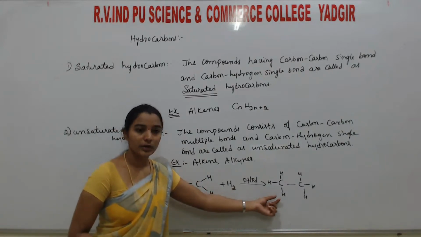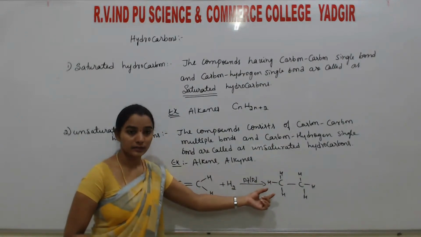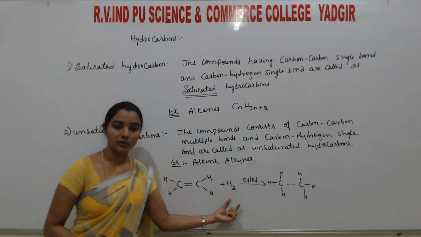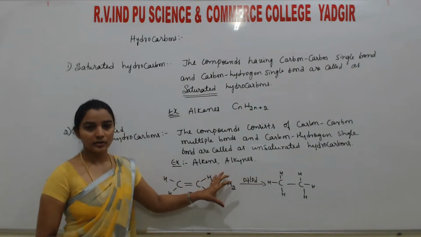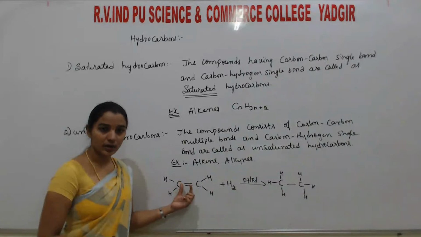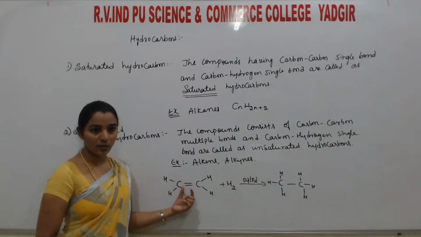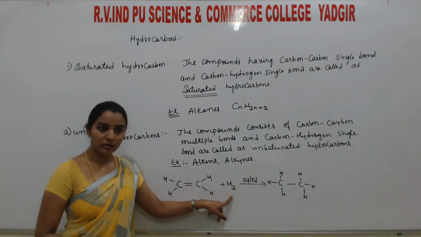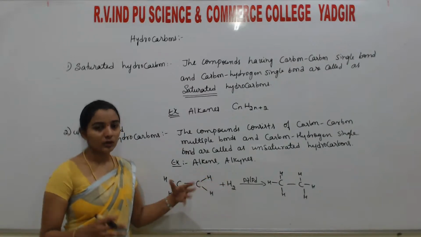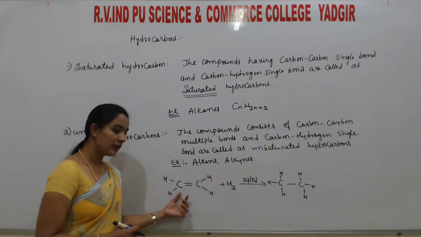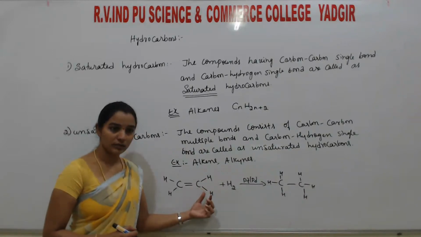After the formation of the single bond, it is an alkane. Alkenes may be converted into alkanes. I am not saying only hydrogen here. This is one example reaction showing that atoms can be added to this type of unsaturated compound. You may take Cl2 here. You may take H2O here. Whatever it may be. If you take H2O, one carbon will get H, one will get OH.